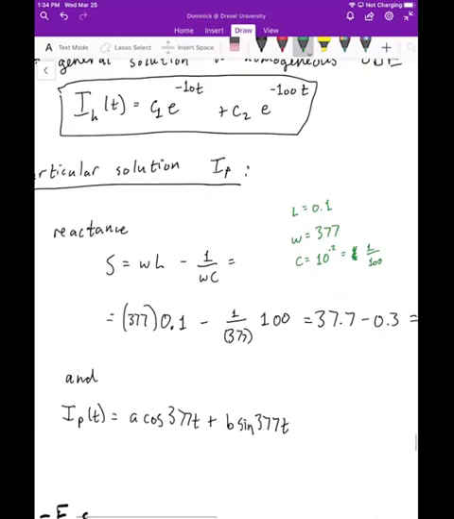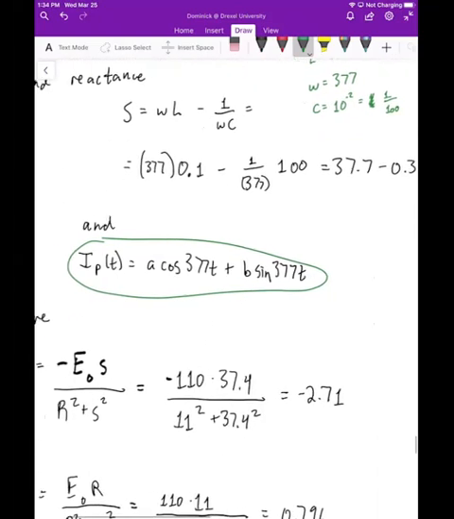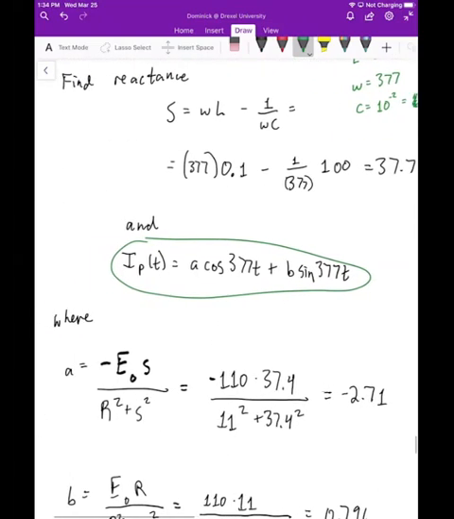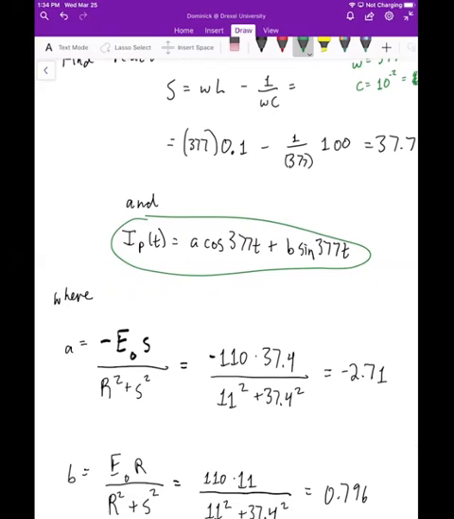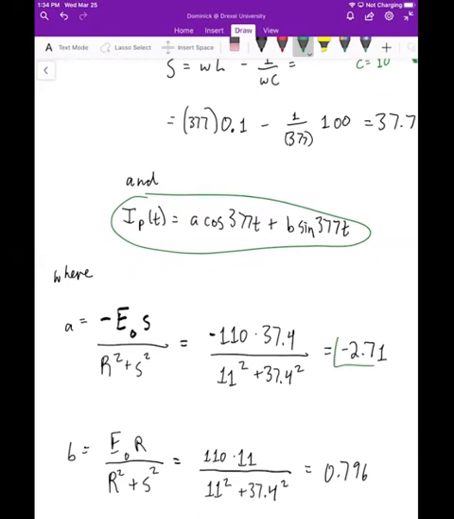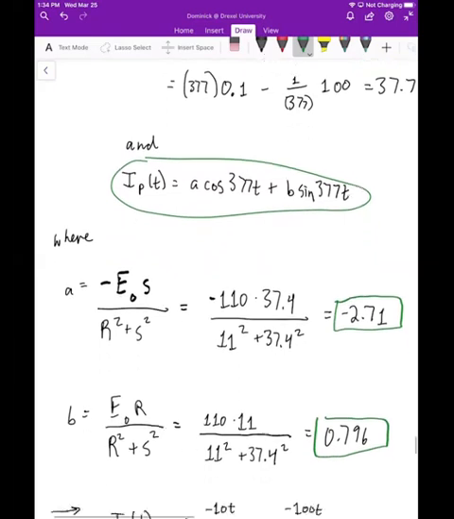Okay, so with that in mind, that means that our particular solution is of the form A times cosine of 377t plus B times sine of 377t. Okay, and of course our A and our B are given by this, which again, with some algebra, we can calculate to be -2.71 and 0.796.